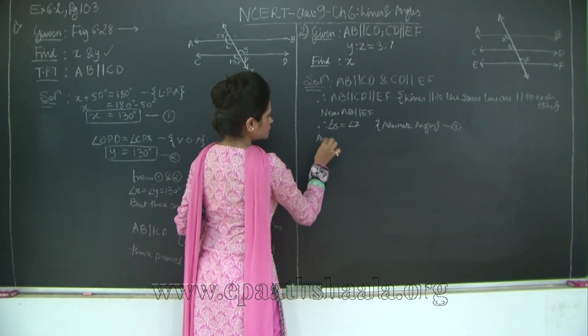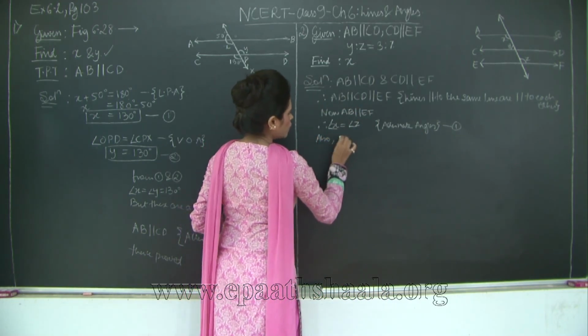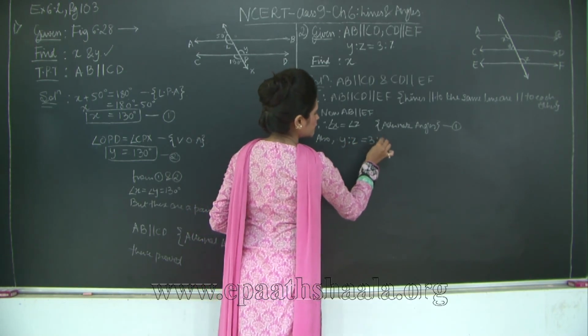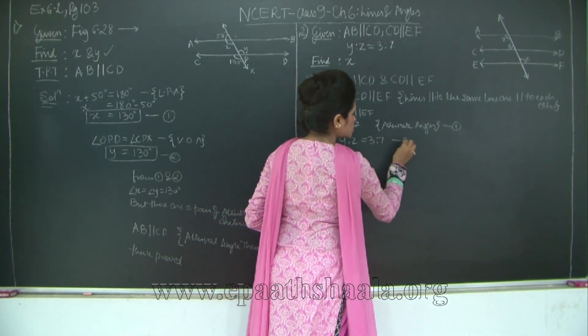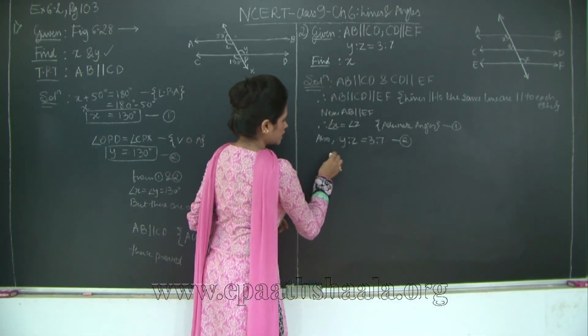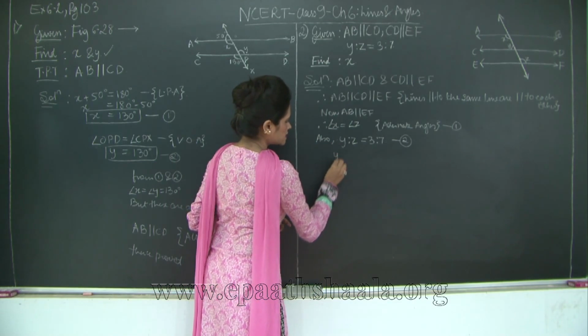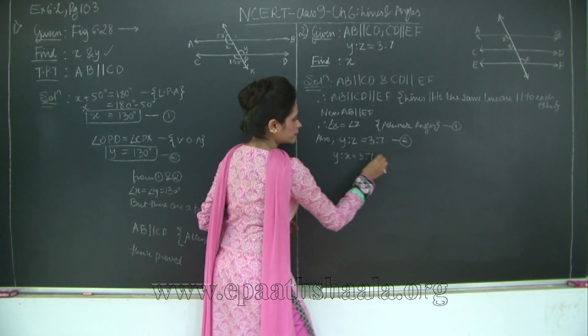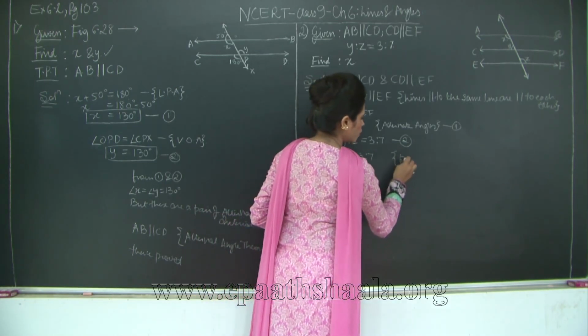Also, y is to z is equal to 3:7. I'll mark this as 2. Therefore, from 1 and 2, what do we get? That y is to x is equal to 3:7. I'll say from 1 and 2.